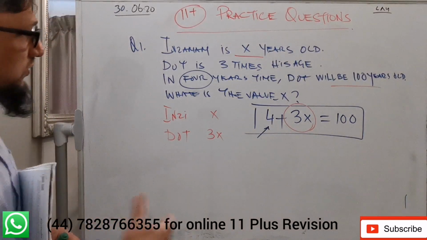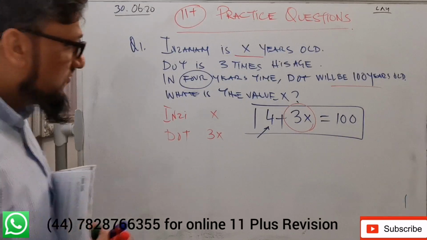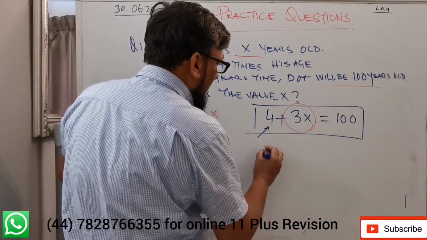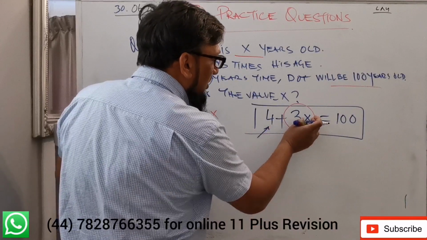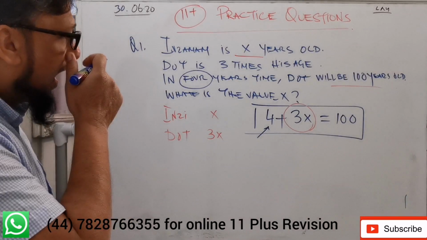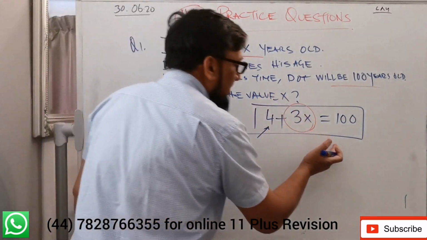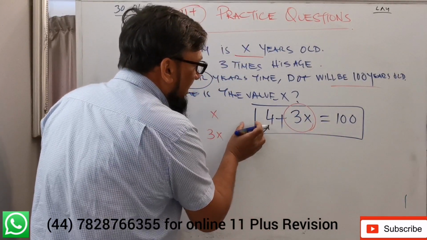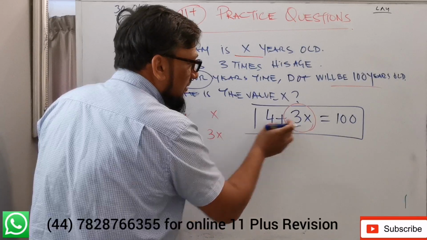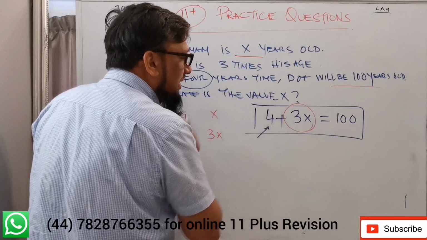Now we simply solve this equation. Very simple. We need to isolate this value of x. How can we isolate? We can check any number written next to the value of x, and we need to remove this number.